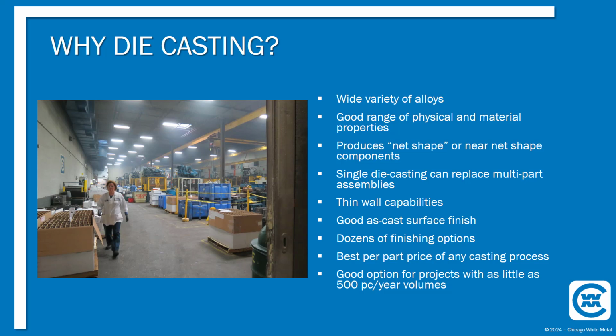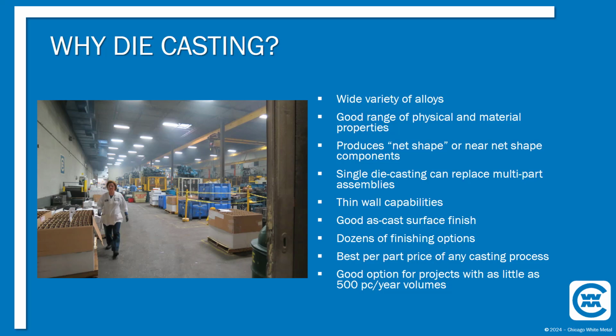Again, as I mentioned, compared to any of the other casting processes, the high pressure die cast process will be the most economical way of making your part. And we mentioned on here what the typical volume levels are. There are times when you can look at a project that has, say, 500 pieces a year and have a justification for going to die casting.